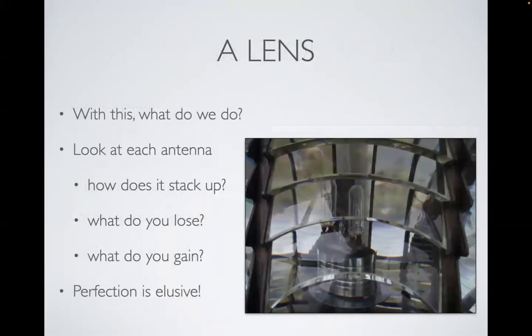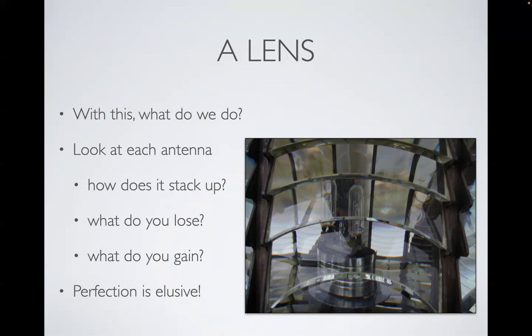So what this gives us is a lens, and we can look at what we're building and what we want to buy, or whatever we end up doing, by looking through that lens and looking at each antenna structure we're interested in and seeing how it stacks up. What do you lose? What do you win on? There are some structures that may be perfect for one person and horrible for another. And the thing to keep in mind, though, is that the perfect antenna does not exist.